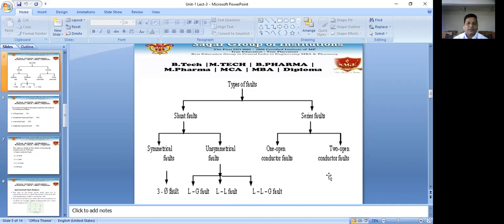Symmetrical fault is a three-phase fault, and unsymmetrical fault is further classified into three types. LG fault means single line to ground fault. LL fault means line to line fault, and double line to ground, LLG, means line to line and ground fault.